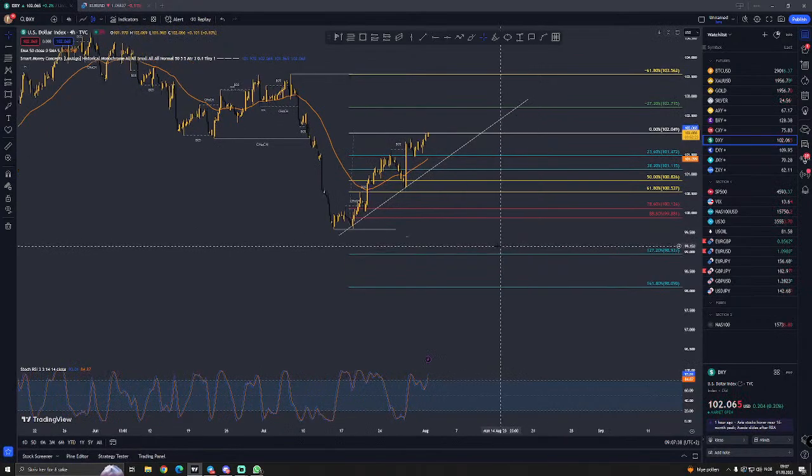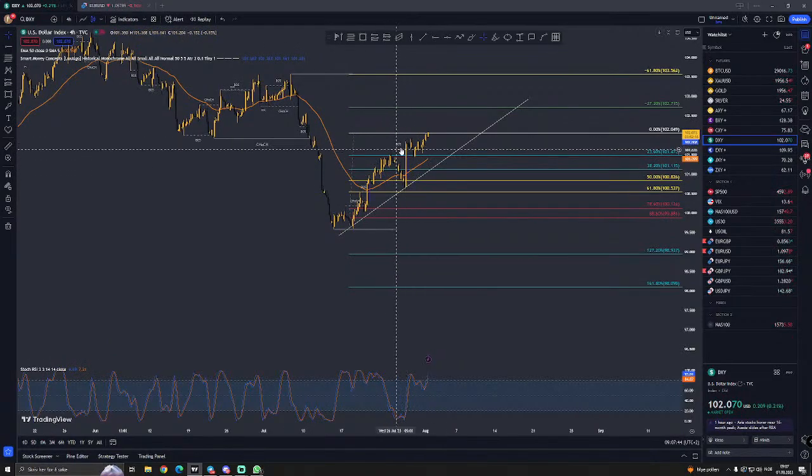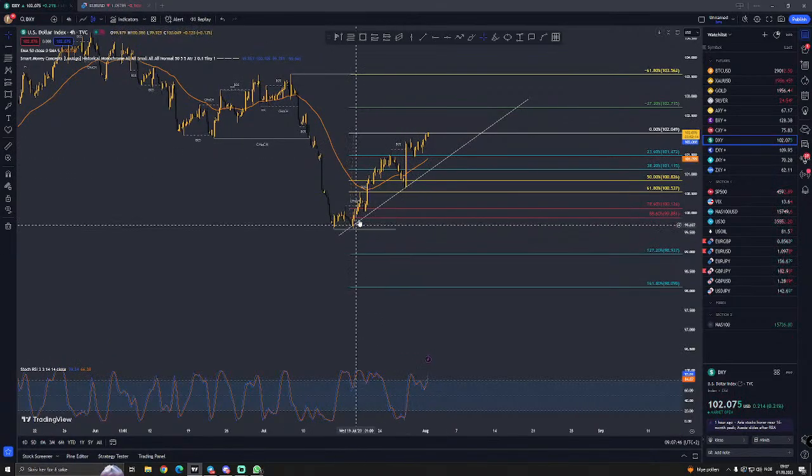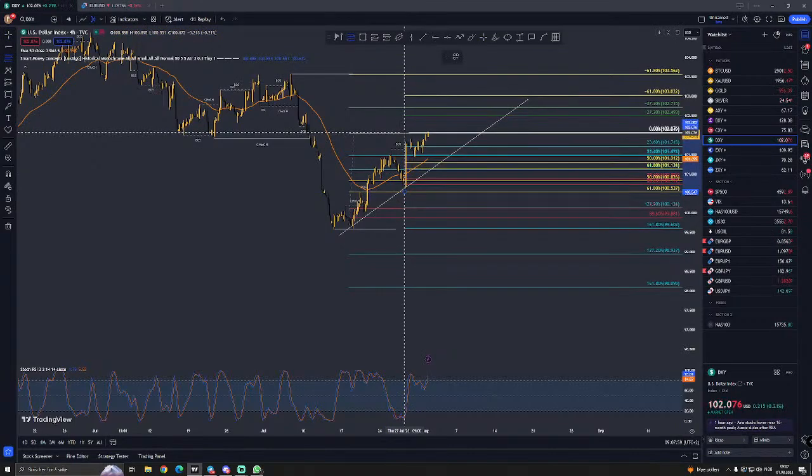Alright, so you can see here it broke through, started a little trip to the upside, broke structure right here. I pulled the fib from here to here. We have the perfect re-entry here, and that means this is a new higher low, so that's good. What we can expect now from the dollar is something like this.